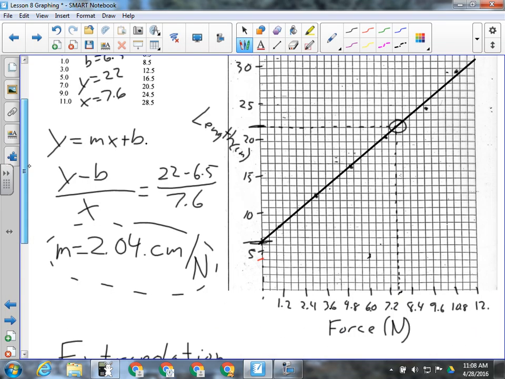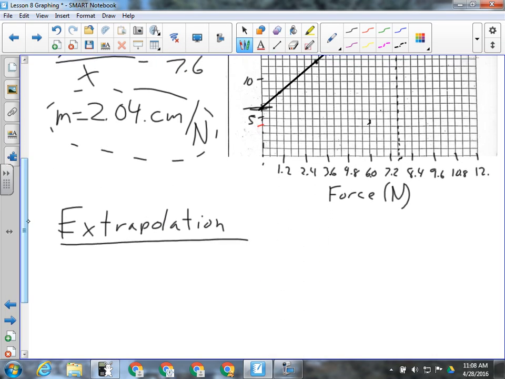So here's what we're going to do. We are going to extrapolate for two different things. For number 1, the first thing we're going to extrapolate for, write this down somewhere, maybe on the back of your graph.